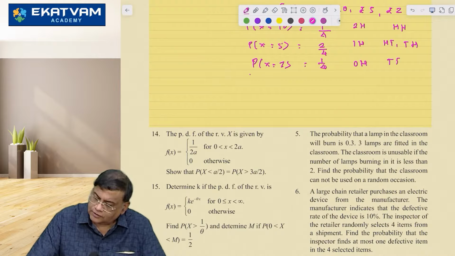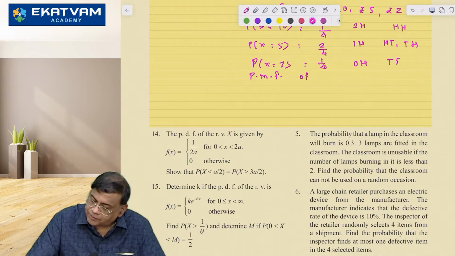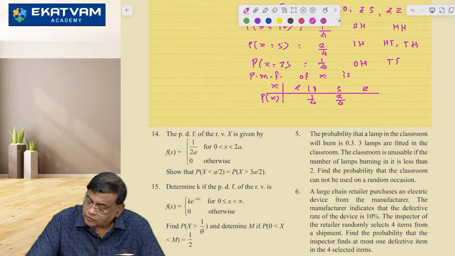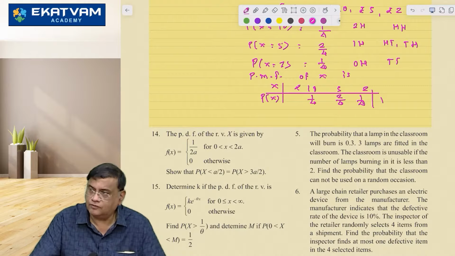And therefore the PMF of X is: what are the possible gains? ₹10, ₹5, ₹2. With what probability? 1/4, 2/4, 1/4, sum is 1.